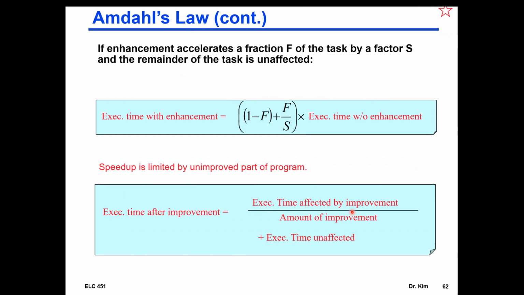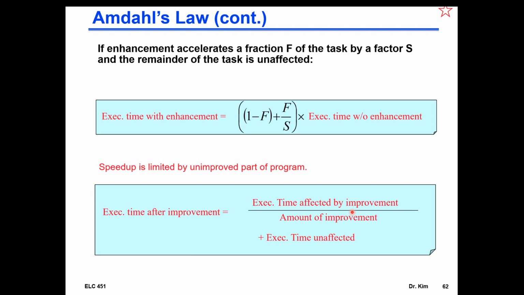So some more equations that are related to Amdahl's Law are this. Let's say that an enhancement accelerates a fraction f of the task by a factor s, but the remainder of the task is unaffected. What would be the execution time with the enhancement?